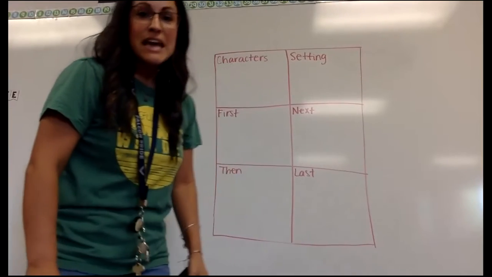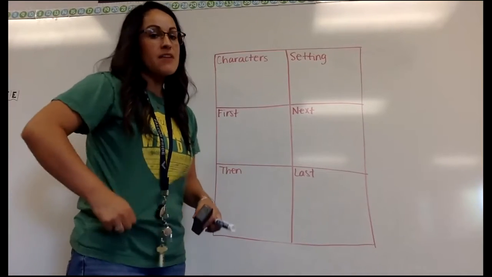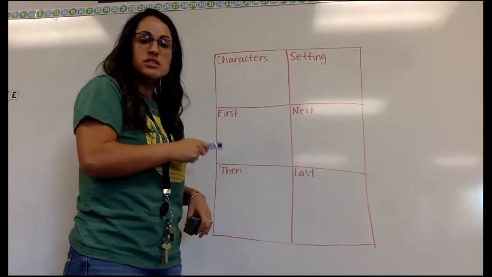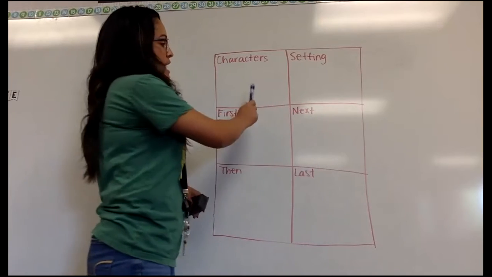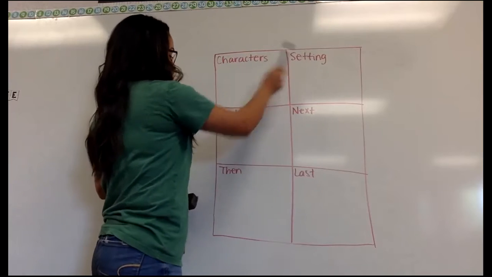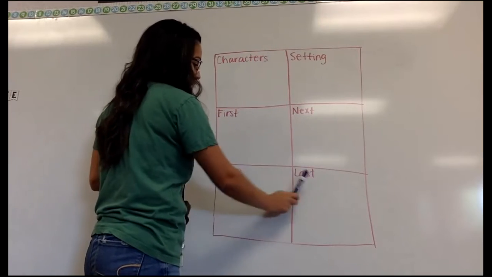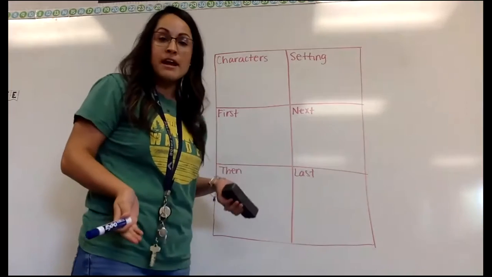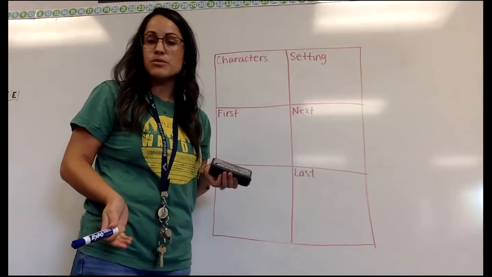All right, kiddos, I moved to my whiteboard and I have created what your piece of paper looks like just on the whiteboard. So again, I have my 6 boxes right here, and then I have characters, setting, first, next, then, and last. All right? So who were our characters in this story? Do you guys remember?